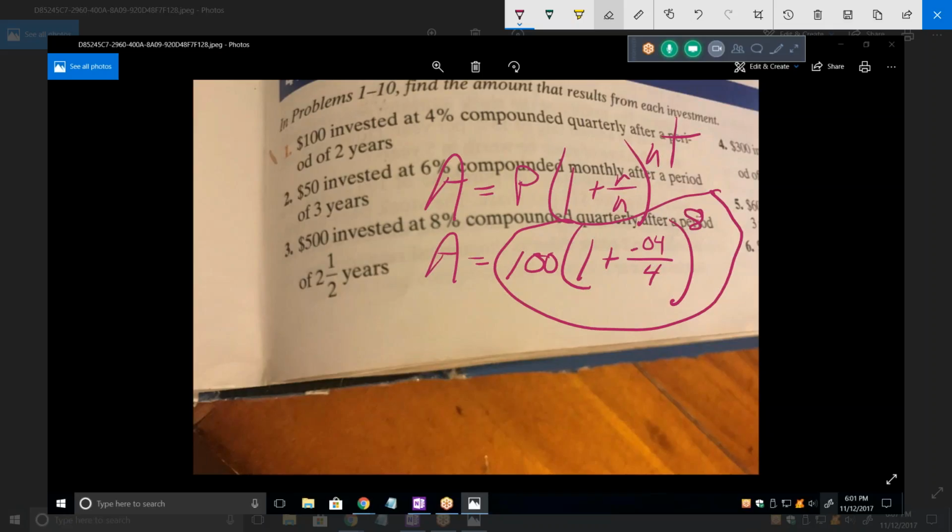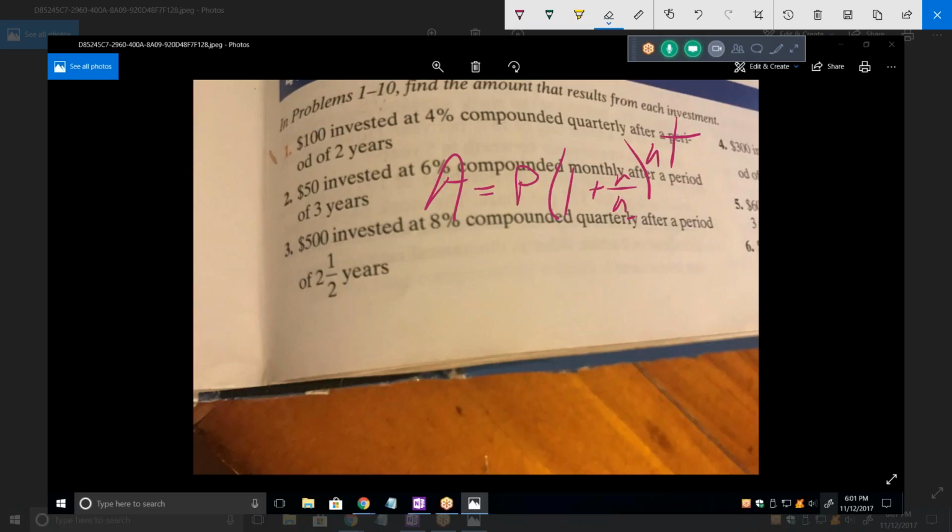I don't really care about the number if you set it up right. We're not here to do arithmetic. Number 2, same general formula. Fill in its specifics. 50, and then in parentheses 1 plus 0.06 divided by 12, to the power of 12 times 3.